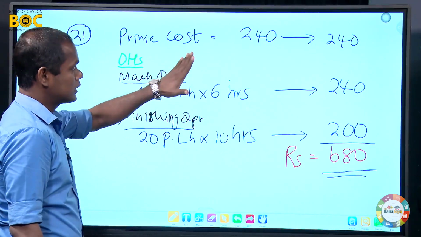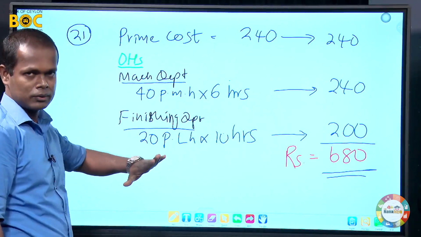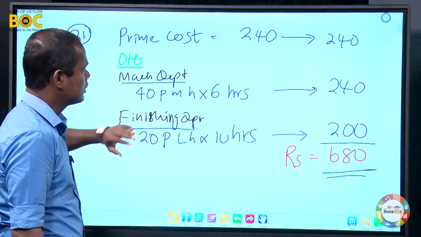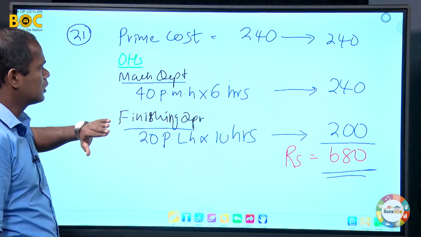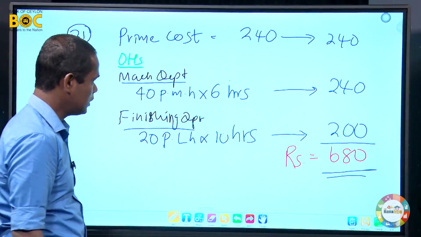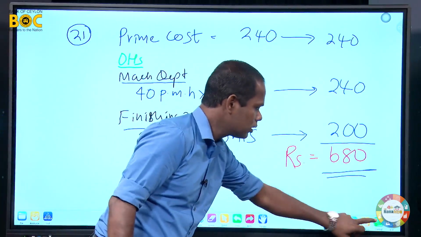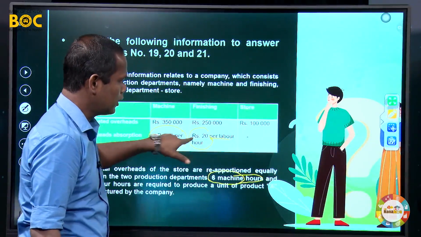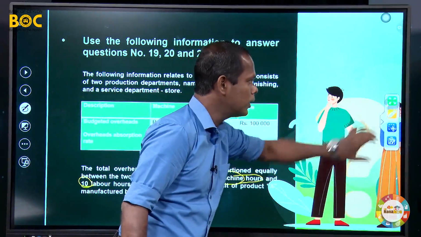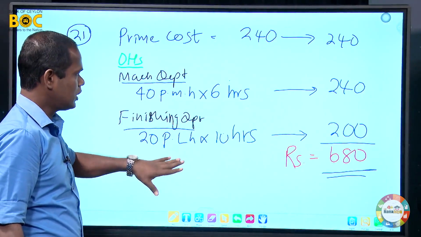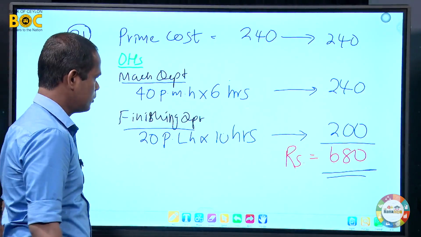The prime cost was given. For overhead, machinery department: 40 rupees per machine hour. These rates, 40 and 20, are given, and you multiply by the number of hours. 40 rupees per machine hour into 6 hours, you get 240.